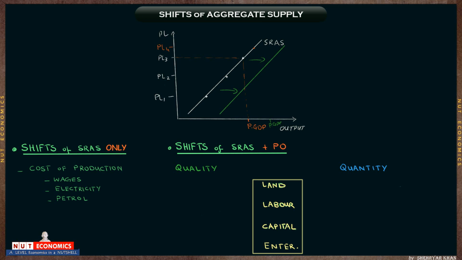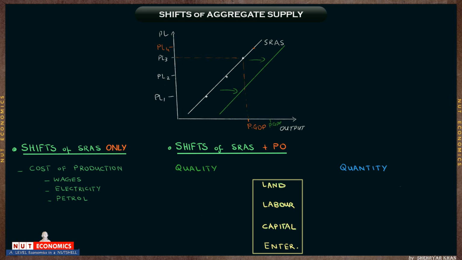And therefore, just use the simple logic to remember this link. These four resources, their quantity and quality, when it changes, increases or decreases, the country's productive capacity increases or decreases. And as far as our ADAS model is concerned, our potential output will change with changes in this productive capacity, and our short-run aggregate supply curve will also change.